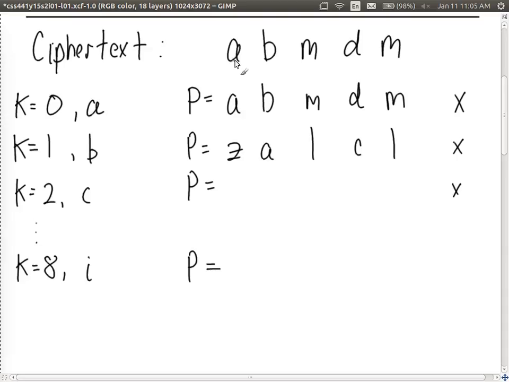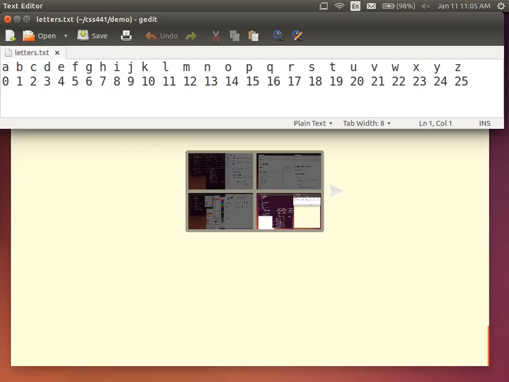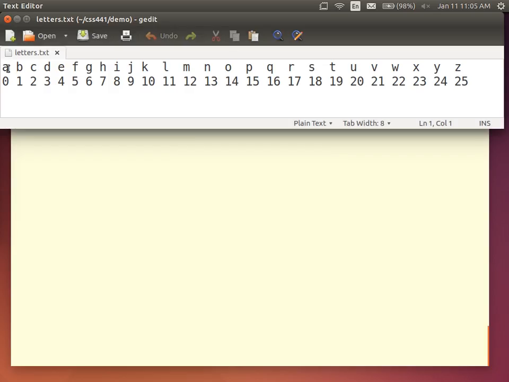Well, the letter A shifted 8 positions to the left brings us to S. The letter B shifted 8 positions to the left will bring you to T. M, 8 positions to the left, 1, 2, 3, 4, 5, 6, 7, 8, gives you E.